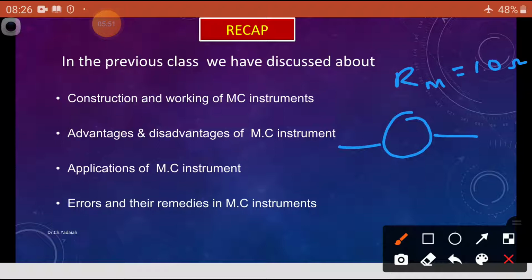That means the full scale reading of the meter is Vm equal to 150 millivolts, that is 150 into 10 to the power of -3 volts, for full scale deflection.